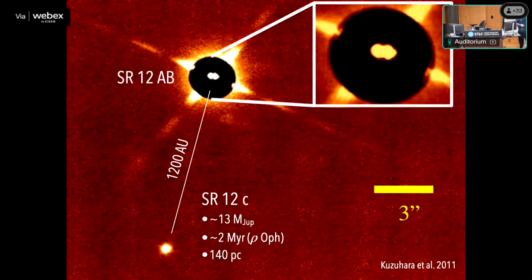The best mass estimate right now, and this is all assuming the cooling models that we use to infer masses are correct, but we think that they're more or less right, is that it should have a mass of about 13 Jupiter masses. It's in the Rho Ophiuchus star-forming region at about 140 parsecs. It doesn't actually have a Gaia parallax for the host star because the host is a binary. But we hope that a good solution will be in the Gaia DR4 catalog that's coming up soon.